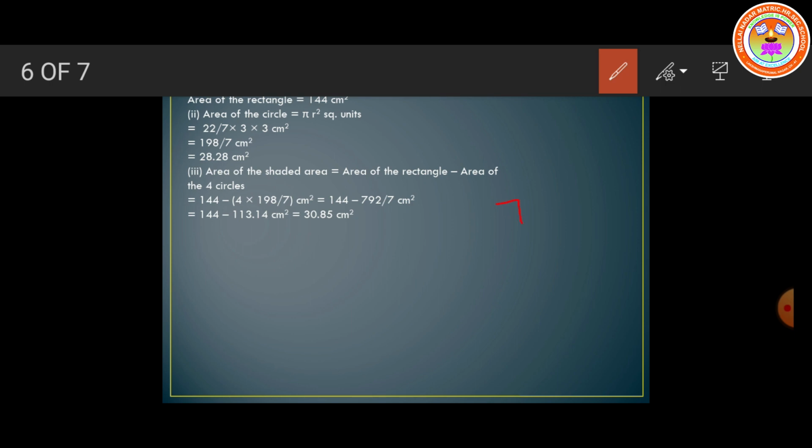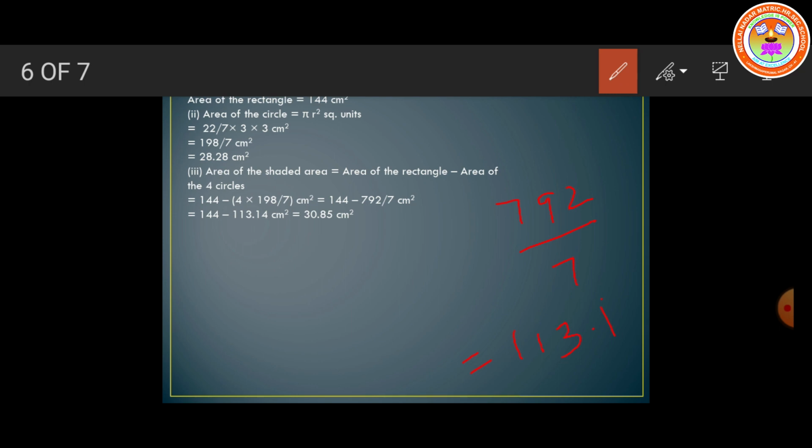792 divided by 7 is equal to: 7 ones are 7. Next, 7 ones are 7. How many times? That is balance 2. How many times? 3 times. Okay, 21 is the balance 1. How many times is that? 1 time. Okay. Next, balance 1 times.